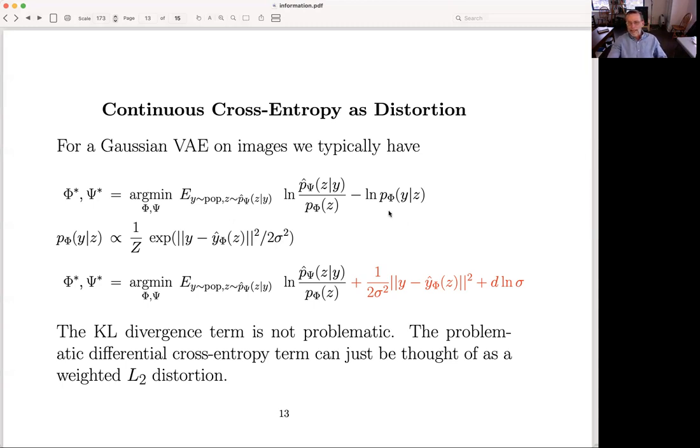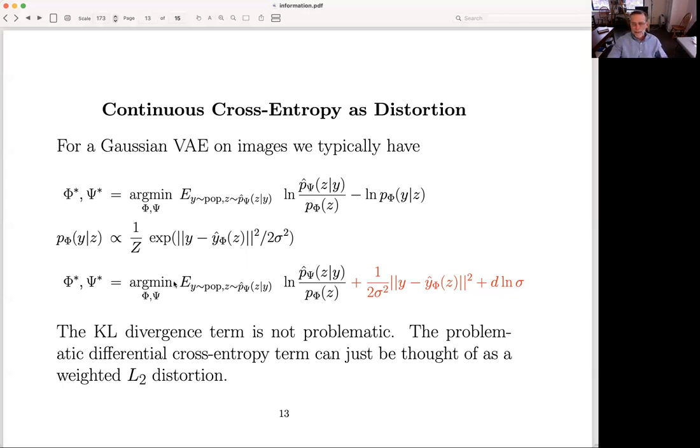Now, if I just take negative log of that probability and optimize that with respect to my parameters, this variance is actually part of the decoder parameters, which I can optimize, and I'm supposed to be able to optimize the decoder parameters. And this parameter shows up here. It shows up in Z also.